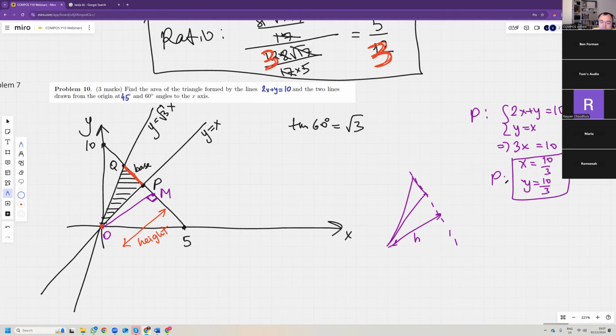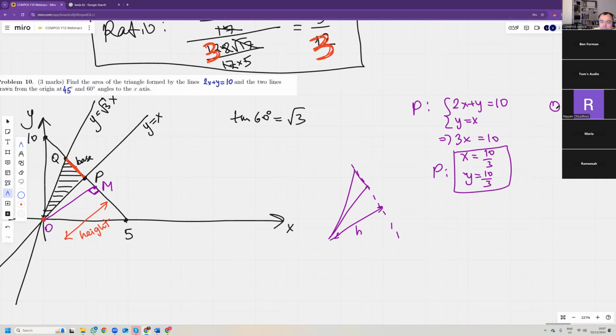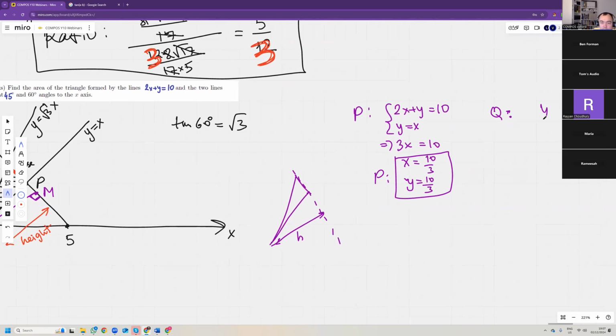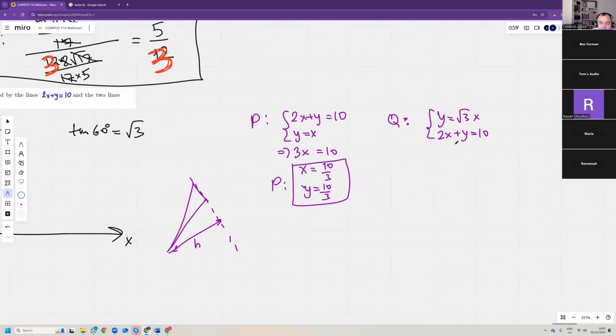That's point P. To find point Q, you need to solve y equals root 3 x and 2x plus y equals 10. Not as easy. 2x plus root 3 x equals 10, x equals 10 over 2 plus root 3. Y is root 3 x, so it's 10 root 3 over 2 plus root 3.